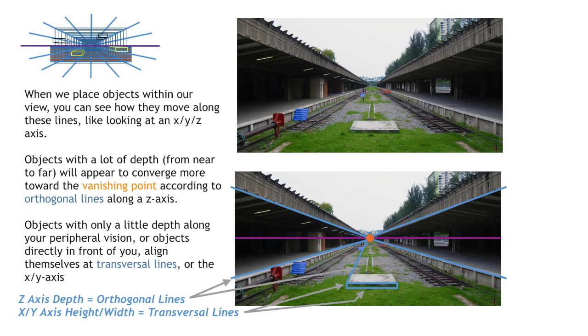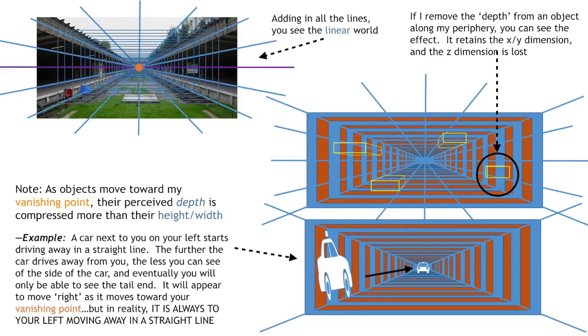You have a rectangular cement platform structure in the middle, and that is going along the XY coordinate, or those transversal lines. So if I added in all the lines, you would see the linear world in which we exist, represented in perspective. So again, all points converge towards a central point, but proportionally.